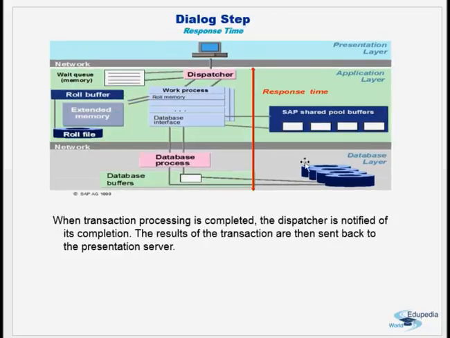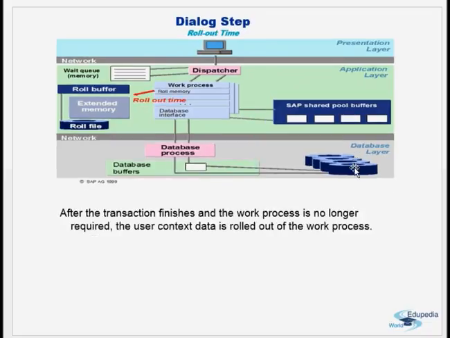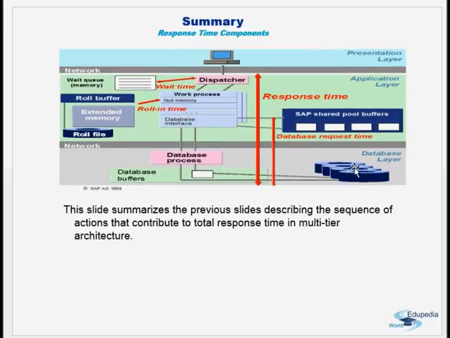Then the total response time, what it consists of, and after the work process has completed your request, it will do a roll out. So that is the roll out time. These are the various components of a response time.